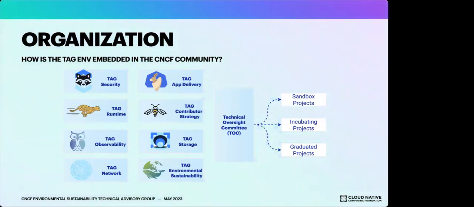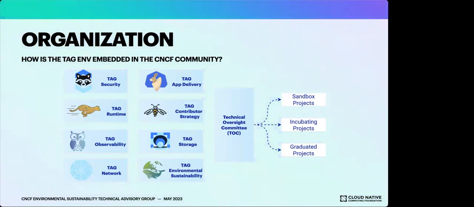These are all community members, folks who are working at companies, or maybe studying, and are just interested in one particular domain in the cloud native field. We started a couple of years ago with six special interest groups. Now they are technical advisory groups. And the idea is that these technical advisory groups extend the technical oversight committee.